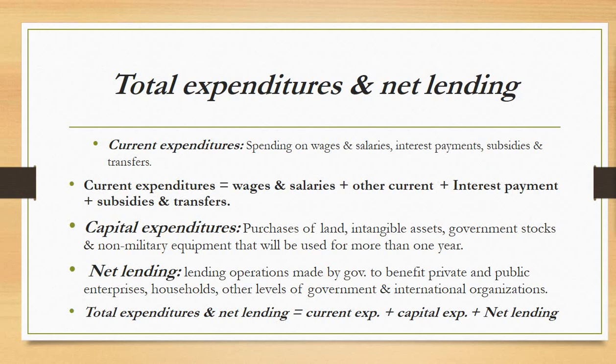Number 3, net lending. The government is going to lend money to other levels of government or other institutions and so on. So the summation of current expenditure, capital expenditure and net lending is total expenditure and net lending.